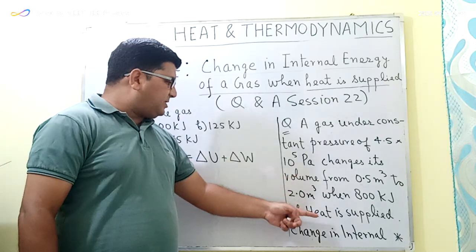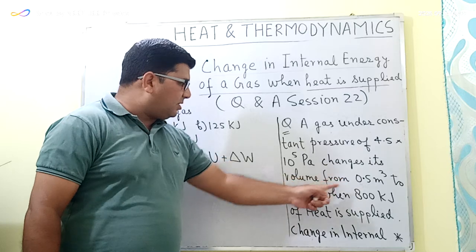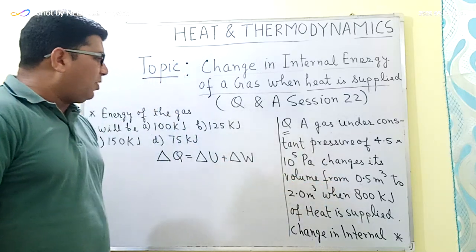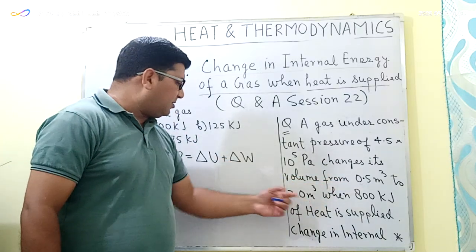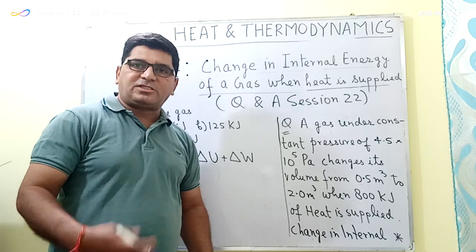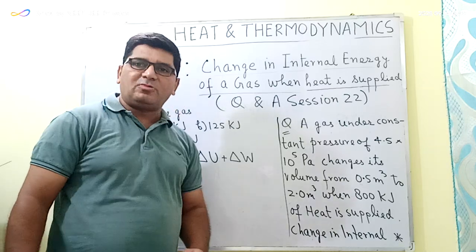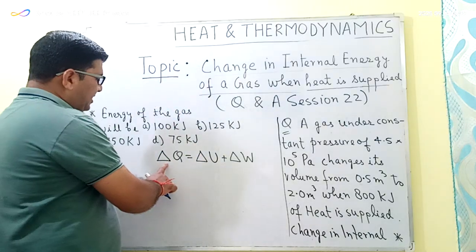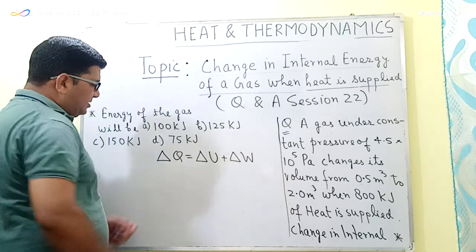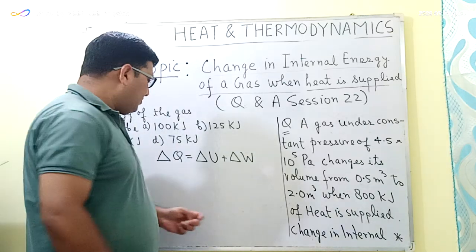Here the gas is expanding because the volume is increasing from 0.5 cubic meter to 2 cubic meter. So when the gas is expanding, the work done will be positive. Since the heat is being supplied, delta Q will also be positive.